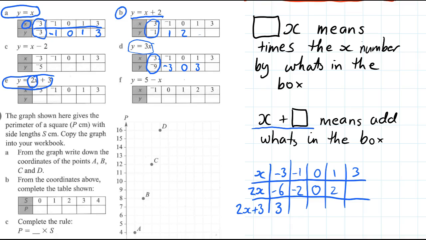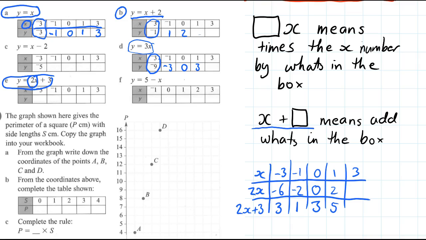Minus 2 to minus 1, 0, 1. Then 0 plus 3 is 3, and 2 plus 3 is 5. I'll let you do that last column by yourself.